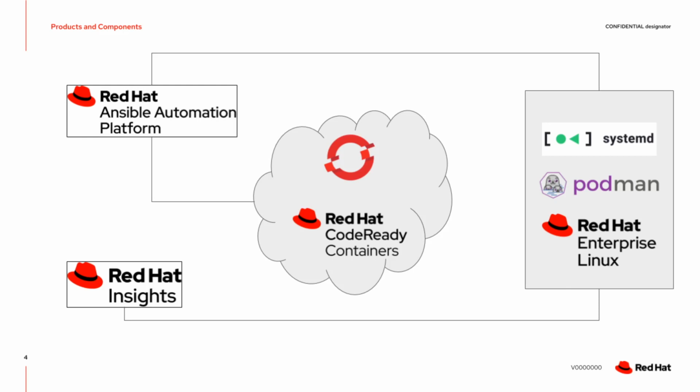And the edge device is then a RHEL node. On that node, we're going to make use of a couple of different components, one being systemd that manages the startup of the operating system. And we're going to make use of Podman, which is the container runtime. And I'll also show some aspects of Red Hat Insights.